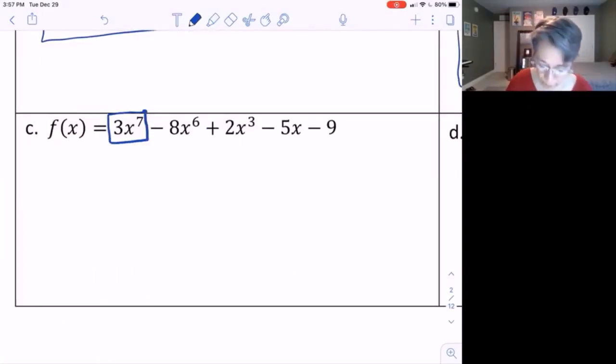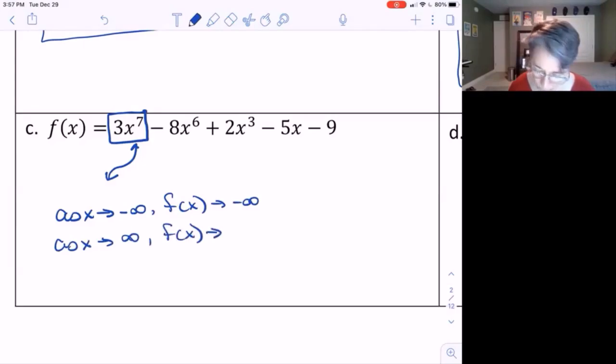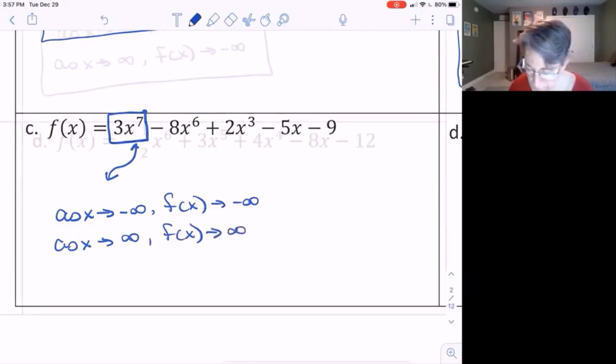Leading coefficient is positive, so it's going to be increasing. So as x approaches negative infinity, f of x is also approaching negative infinity. And as x is approaching positive infinity, f of x is approaching positive infinity.